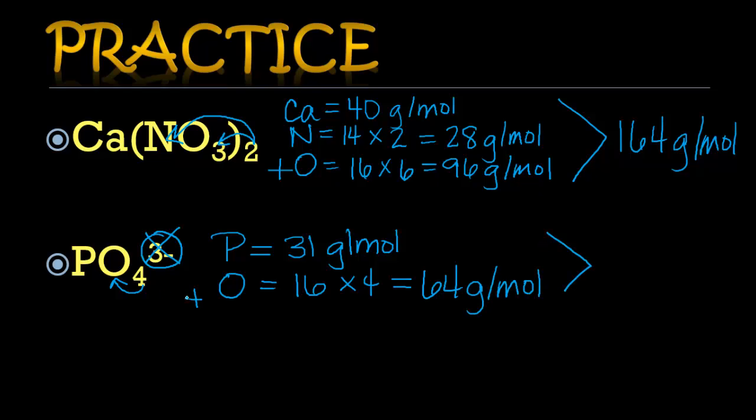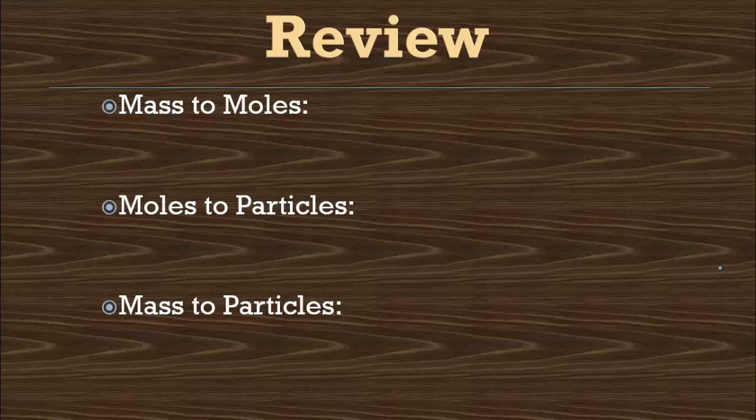We're going to add those up, and we get 95 grams per mole. So hopefully you had an idea of how to do this already, and this was just a little bit of review.